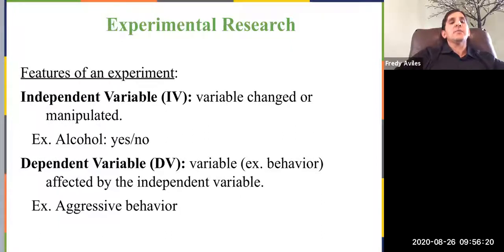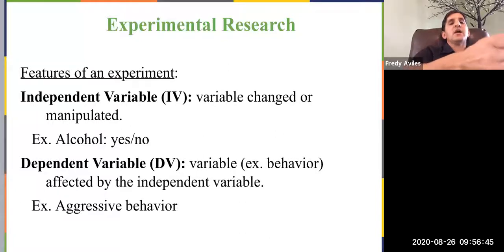So in an experiment, the independent variable is that thing that you're going to vary in some way. You're going to manipulate it in some way. In our example that we've been talking about, the independent variable is alcohol. We want to study the effect of alcohol on aggressive behavior. Alcohol is what we are going to vary.